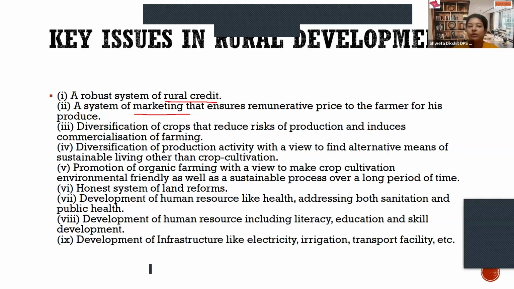Alternative means of livelihood we'll also discuss in the next topics. Promotion of organic farming, yes, that's also one of the challenges, because the Indian farmer who used to believe only in organic methods of farming, which was highly environment friendly, as we discussed just in the last chapter, is now highly dependent on the scientific method of agriculture, which is in some way or the other harming nature and soil health.